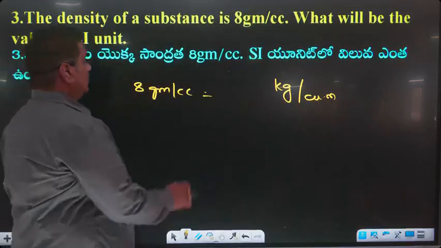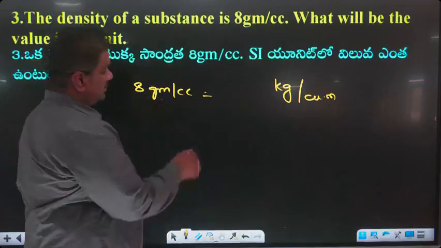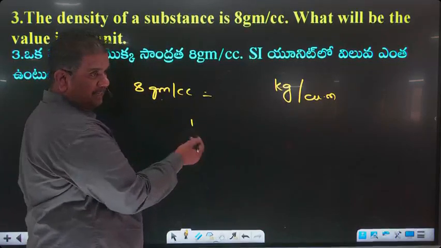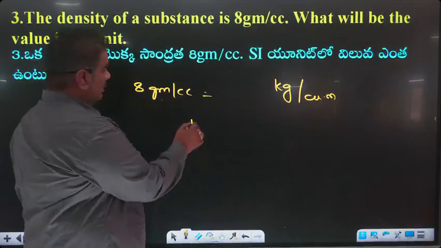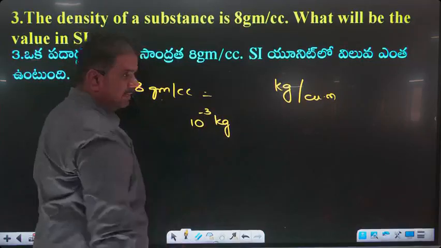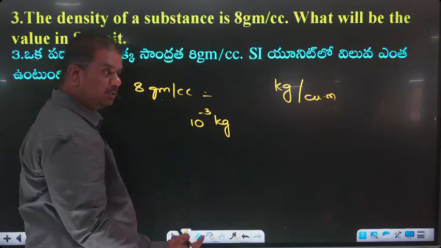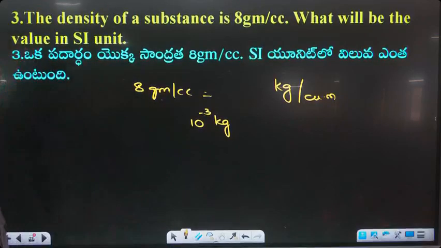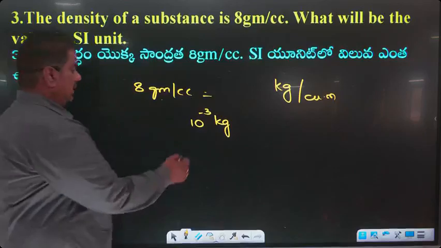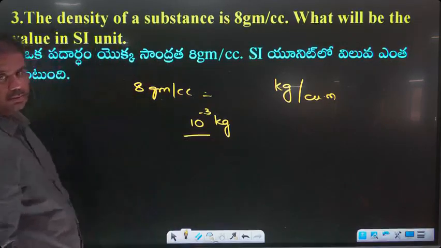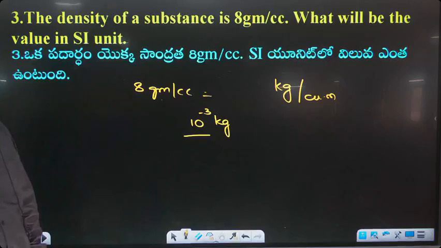We know that 1 kg equals 1000 grams, so 1 gram equals 10 power minus 3 kg. 1 centimeter equals how many meters?